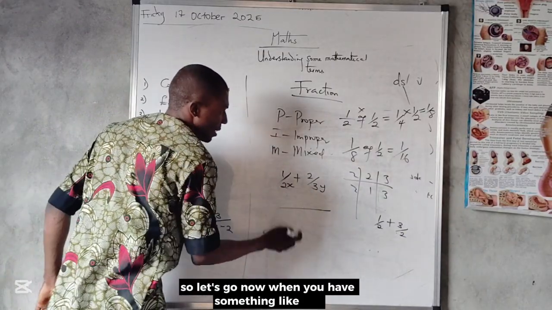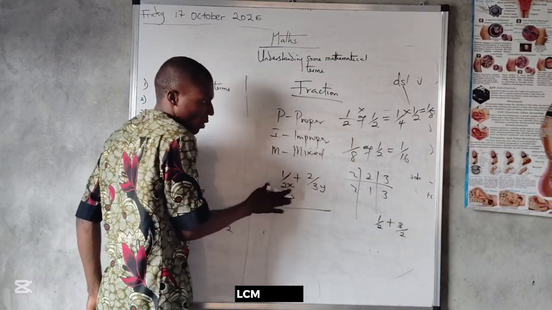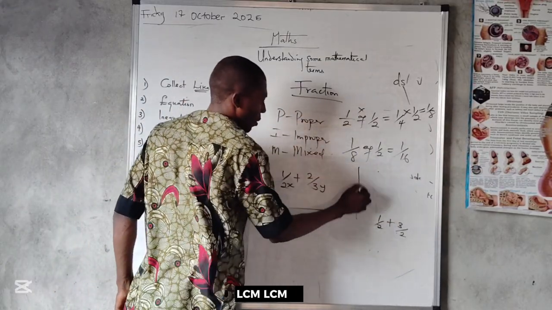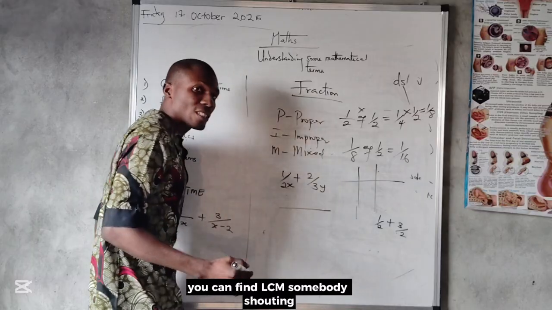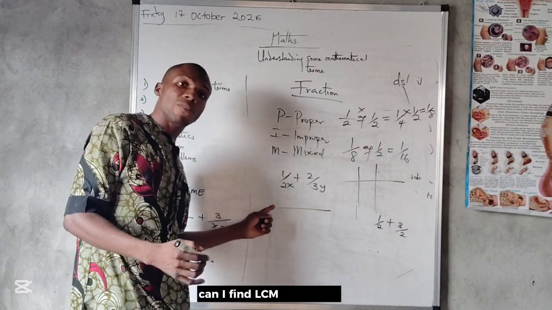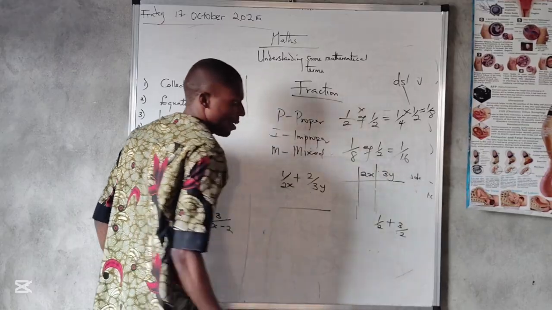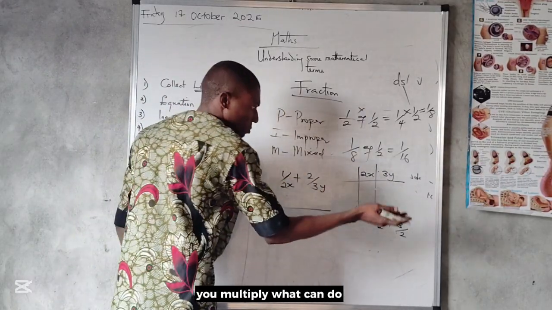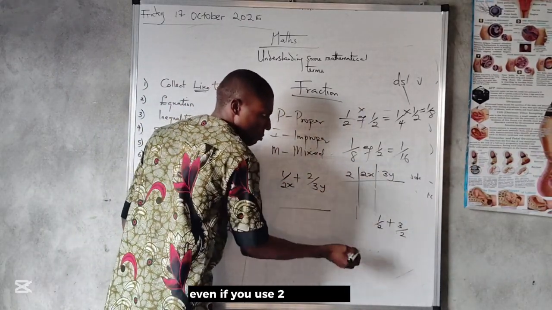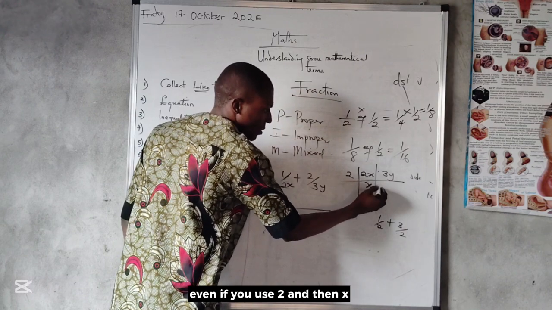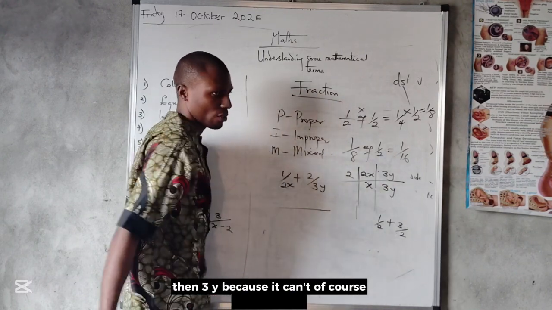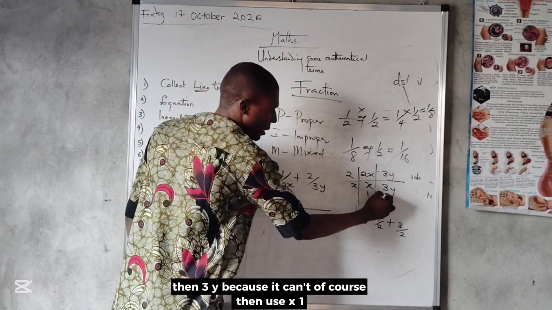Now, when you have something like this, you will say LCM. Somebody shouting, sir, can you find the LCM of this? Yes. 2x, 3y. In multiple, what can go? Even if you use 2, x, then 3y, then x, 1, 3y.